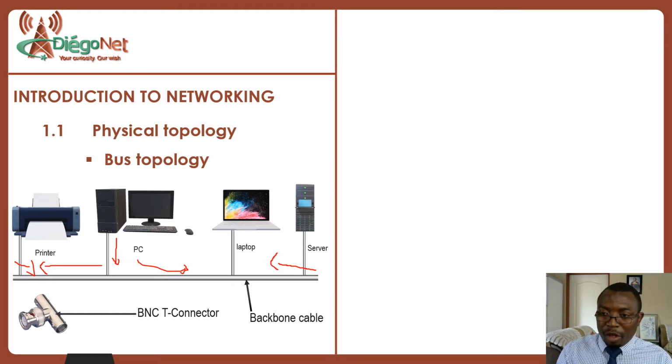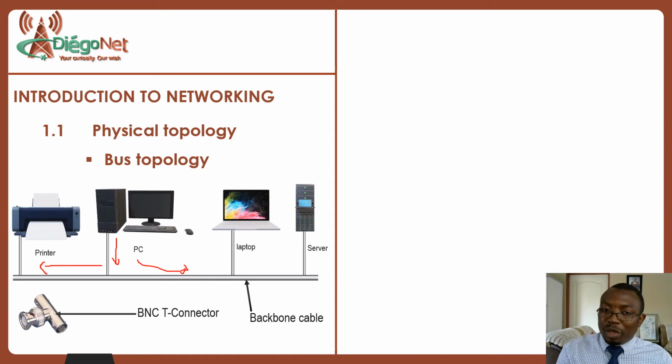Because in the bus topology, the signal goes in both directions. Let's say the information sent from PC1 is intended for the server. The signal will go both directions. When it reaches the printer, the printer will look at the information and see that this information is not mine, it was not sent for me, and the printer will discard the information.